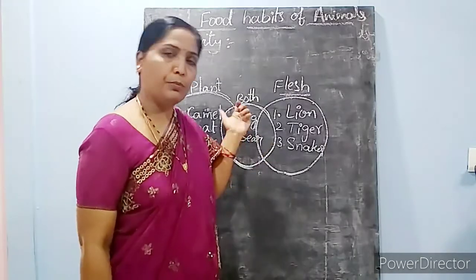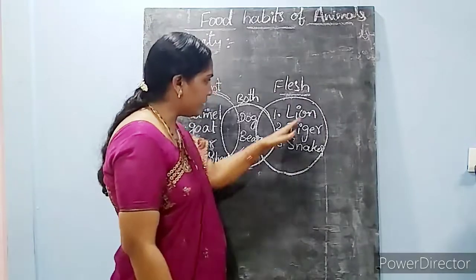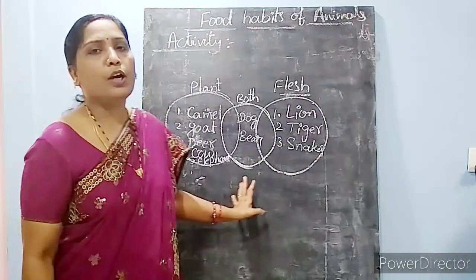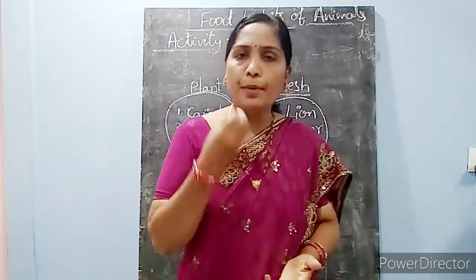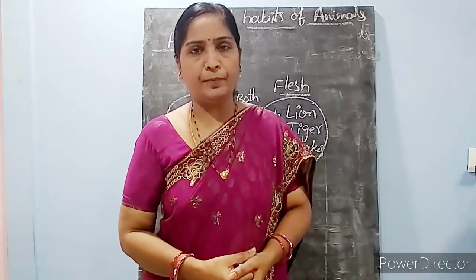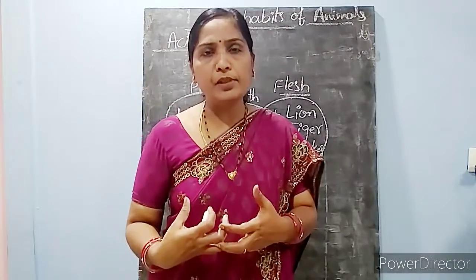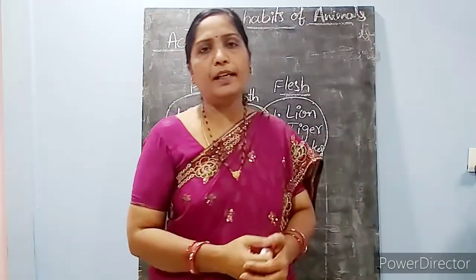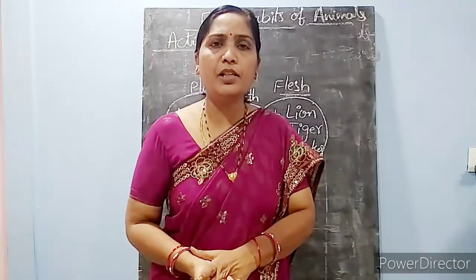Even bear eat both plants and flesh, children. So depending on this activity, now you are able to identify the animals based on their food habit. Some animals are eating only the plants. Some animals are eating the flesh of other animals.